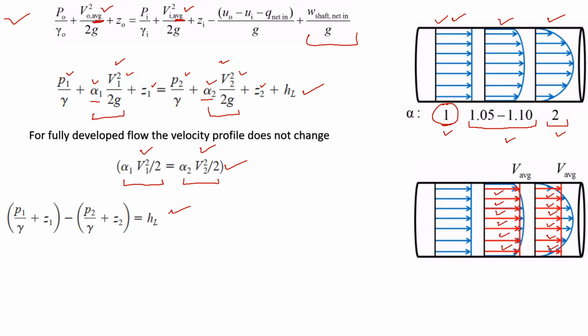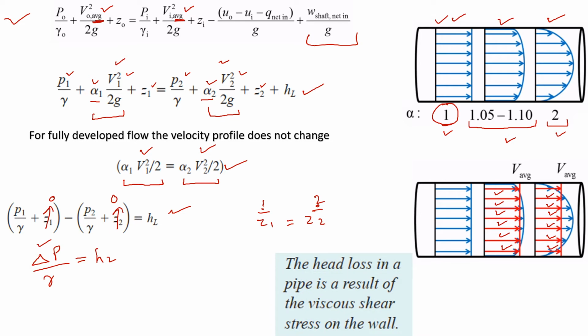But we will take it a step further and simplify it a little bit by taking that point 1 and point 2 in a pipe are at the same elevation. So Z1 is equal to Z2, and these two terms will also cancel out. What we will be left with is delta P over gamma equal to our head loss, and we already have our equation for pressure drop.